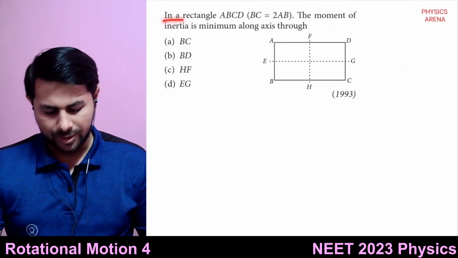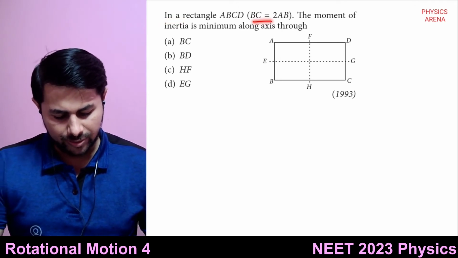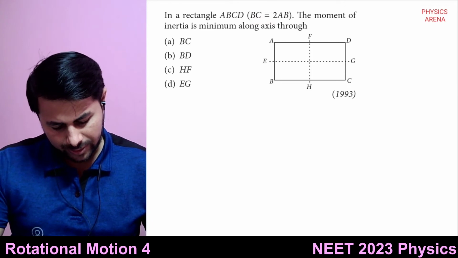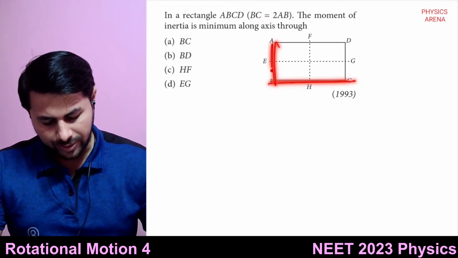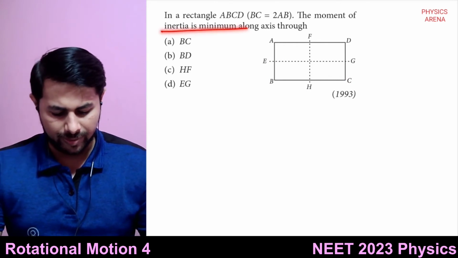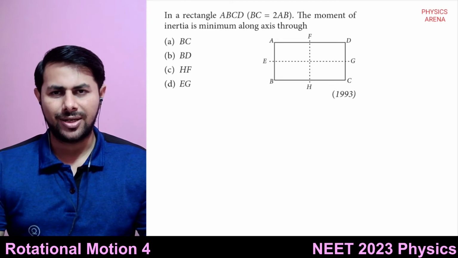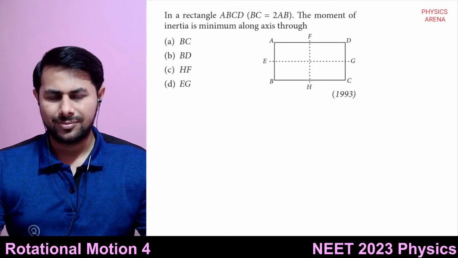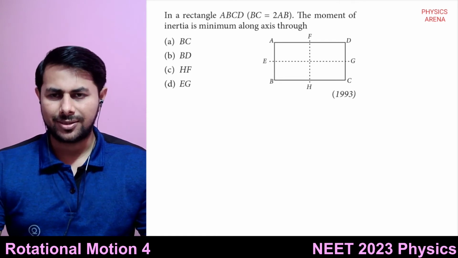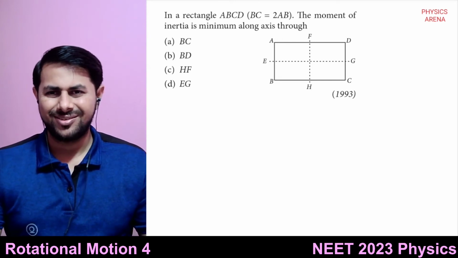So this question, in a rectangle ABCD, BC is equal to 2 times AB. So this length BC is equal to 2 times AB. The moment of inertia is minimum along axis through. So tell me, which will be the answer? It's a very simple question.